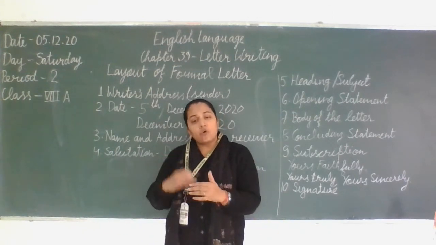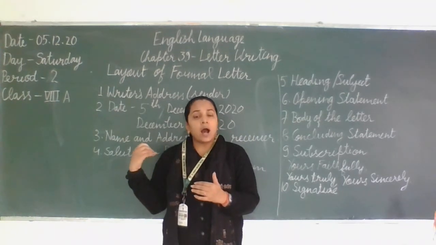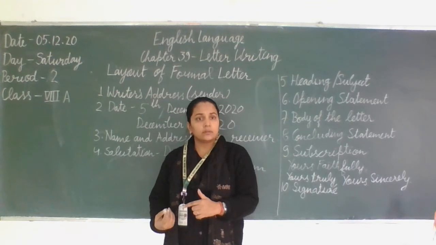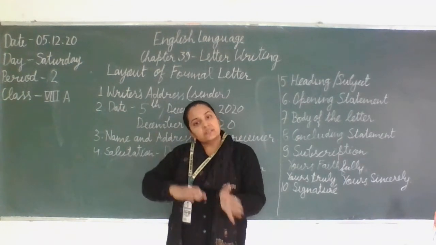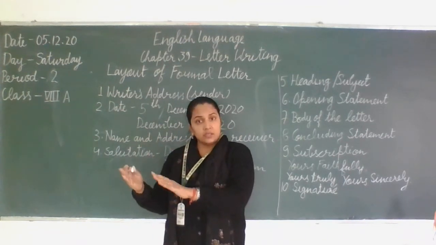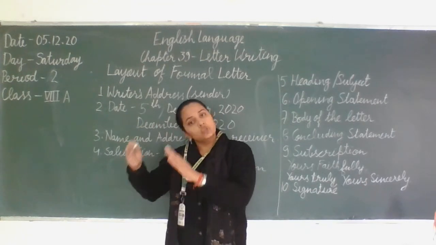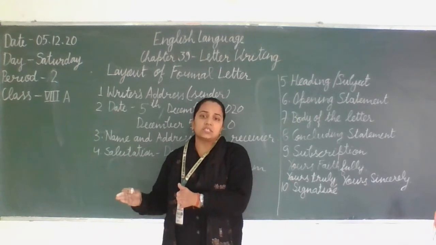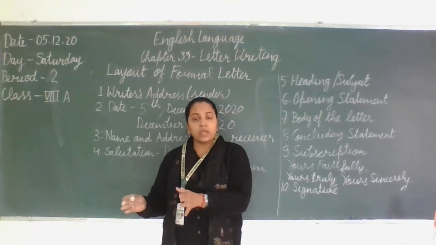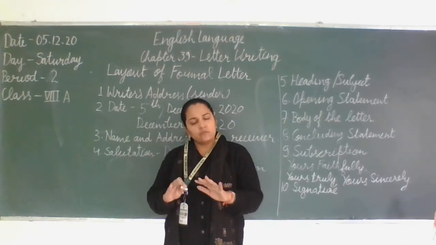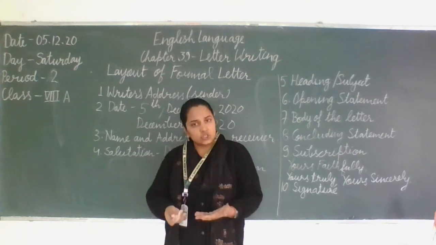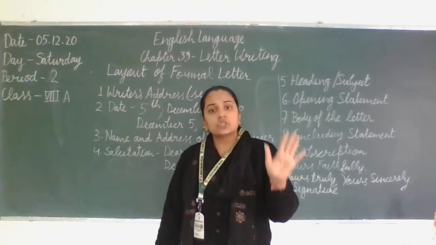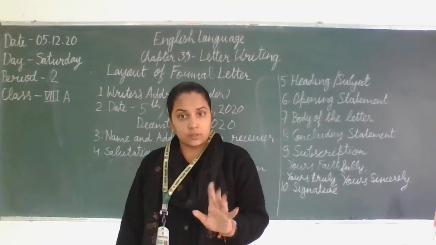He will be in a formal relationship with the other people of this school when he gets admission here. Although the person to whom he is writing, the principal, is in a formal capacity in the school. So wherever it is required, the designation will be mentioned. If it is not required, the designation will not be mentioned.